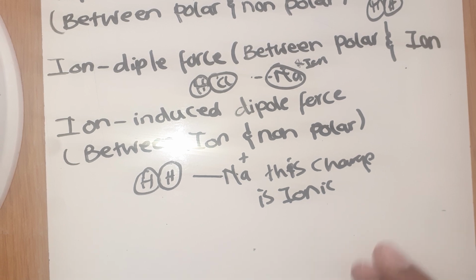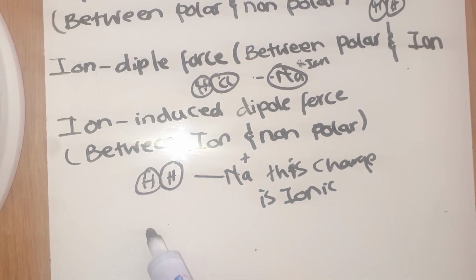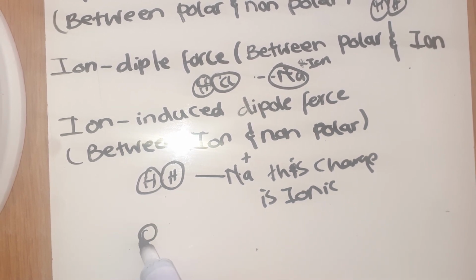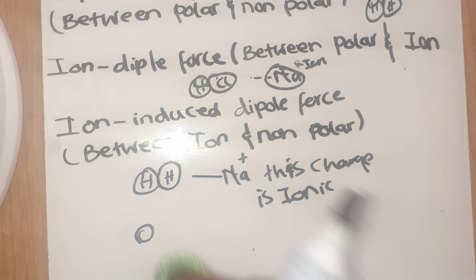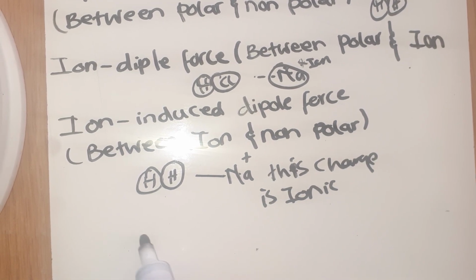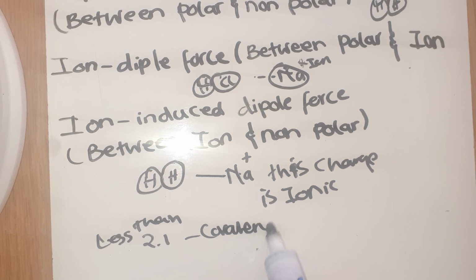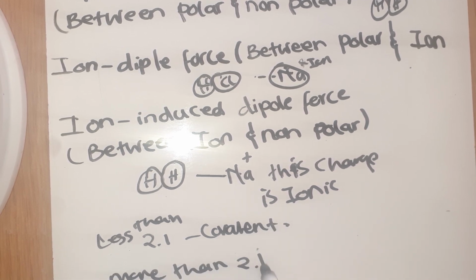So when you are given two elements, to know whether they are covalent or ionic bonds, you have to subtract the smaller one's electronegativity from the bigger one. And if the answer that you get is less than 2.1, that is a covalent bond. And if it's more than 2.1, that is what we call an ionic bond.